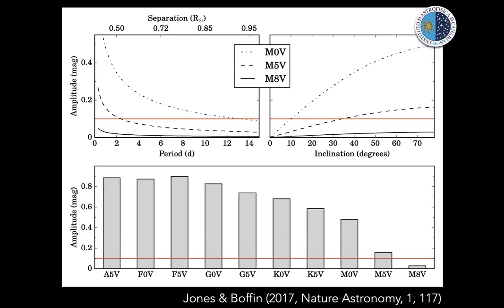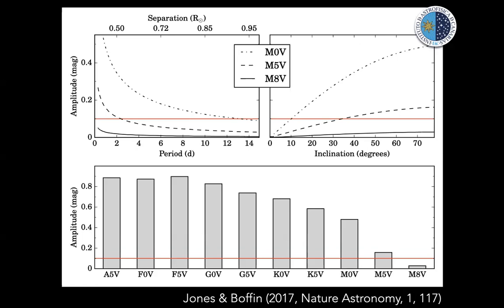It also depends on the orbital period, which is equivalent to the separation of the two stars. You can imagine the longer the period, the larger the separation between the two stars, the less irradiating flux the companion intercepts, so the smaller the difference between the temperature of the day face and the night face.